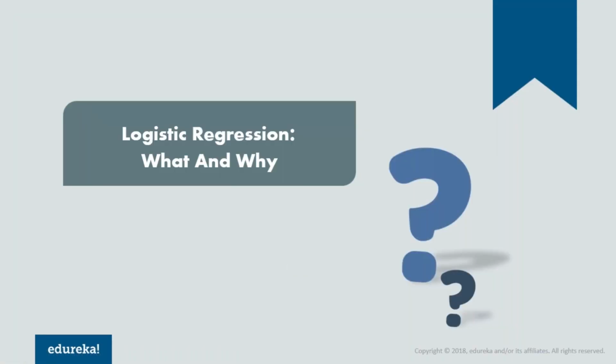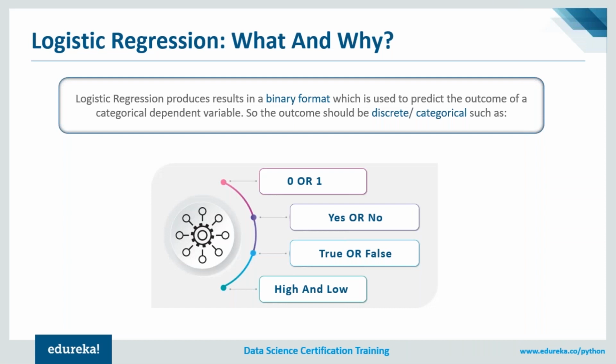Given this, we will now talk about logistic regression, what and why. We just tried to understand what regression is, and now we will understand logistic regression. Logistic regression produces results in a binary format.